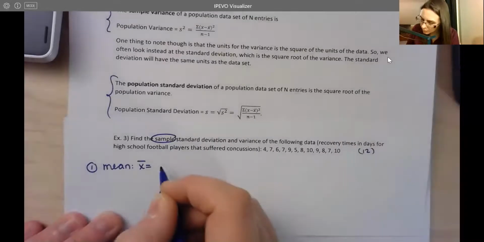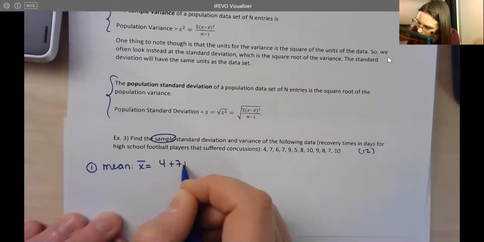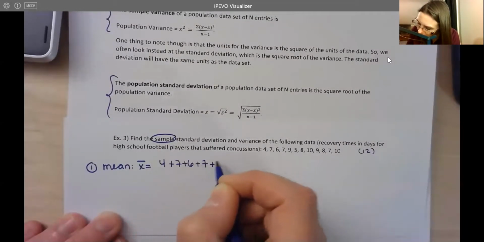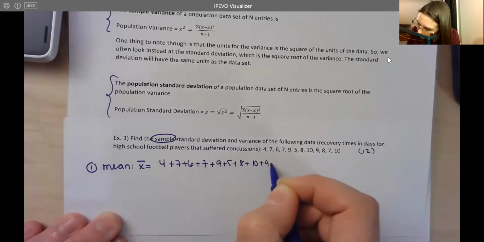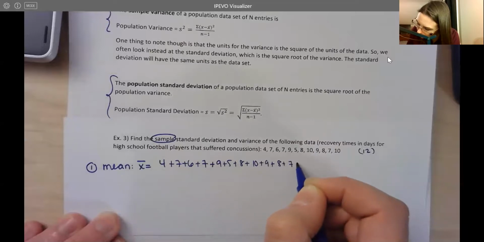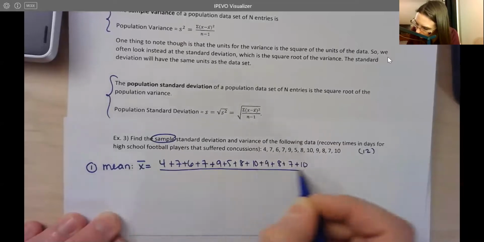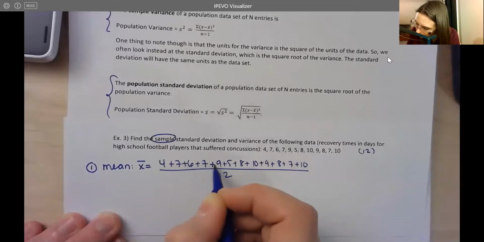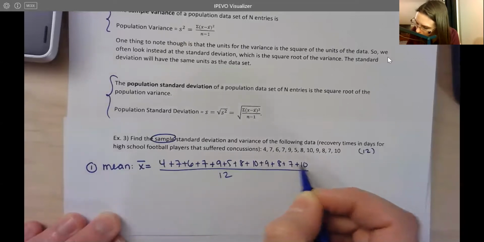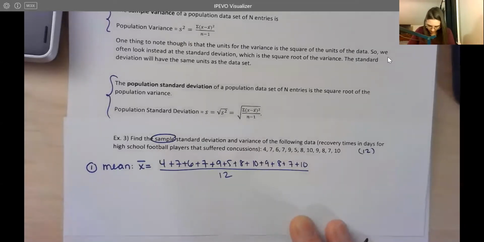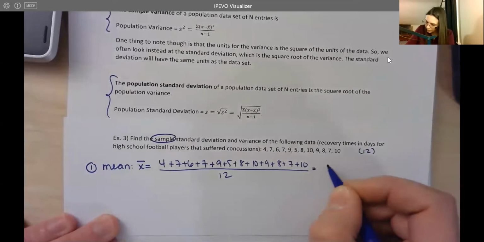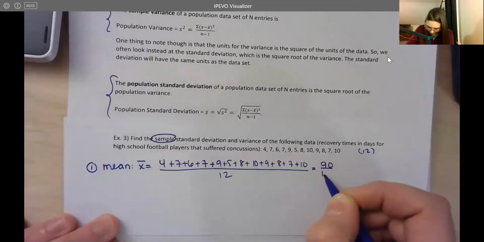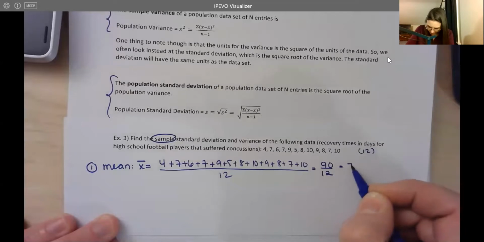I'm going to take my data and add it all up, and what we get is 90. Divide that by 12, and we get 7.5.